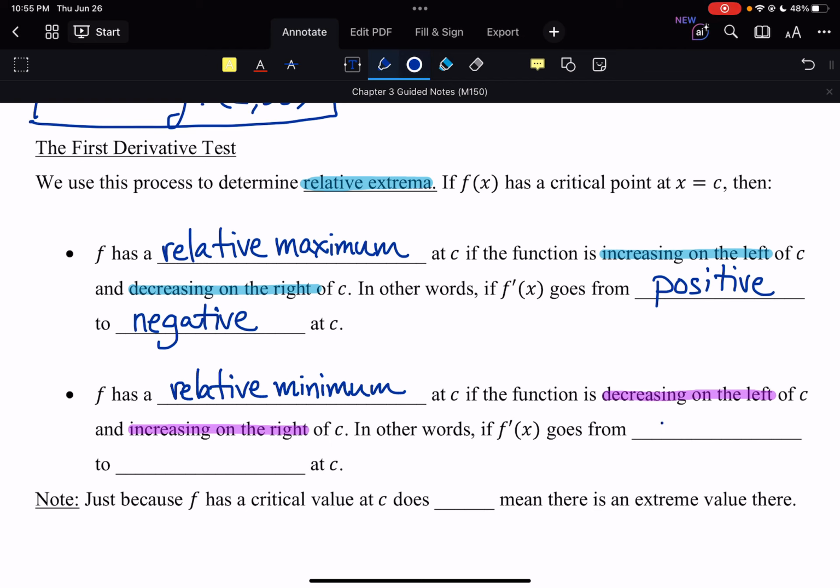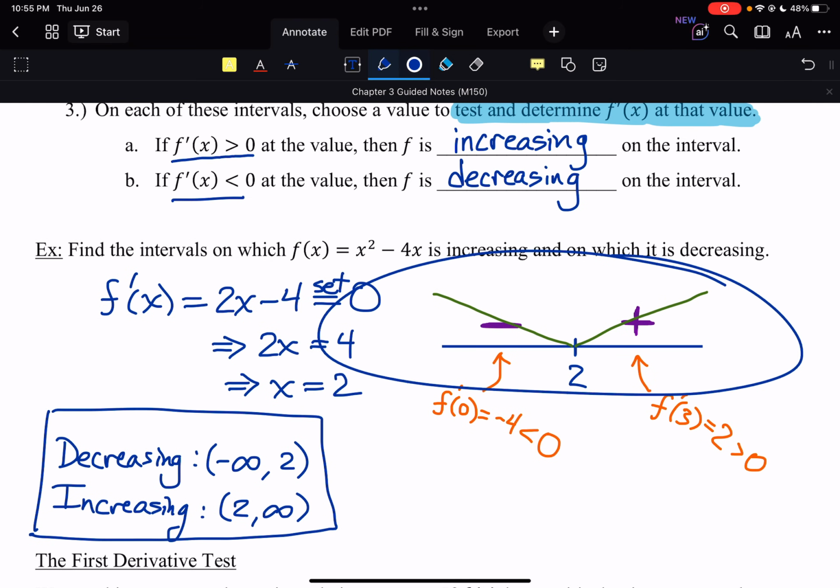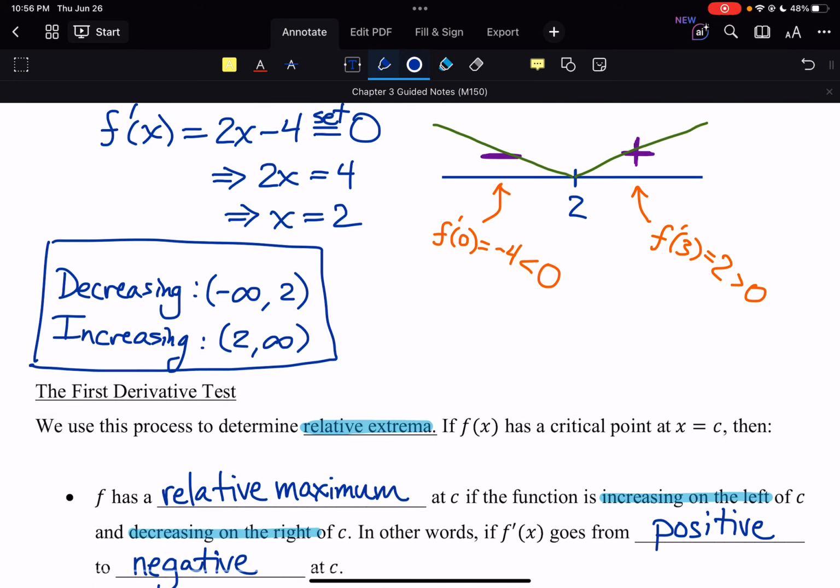So in other words, f prime goes from negative to positive at c. So this case that we just described, that would be something like this. Right? Go from decreasing to increasing. So that would produce a relative minimum.